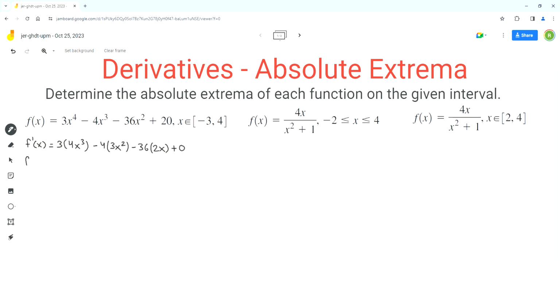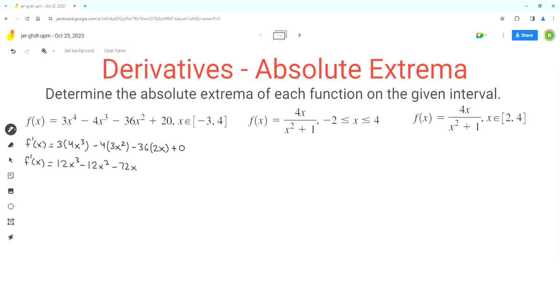Now we can simplify. f prime of x equals 3 times 4 is 12x cubed, minus 4 times 3 is 12x squared, and then 36 times 2 is 72, so negative 72x.